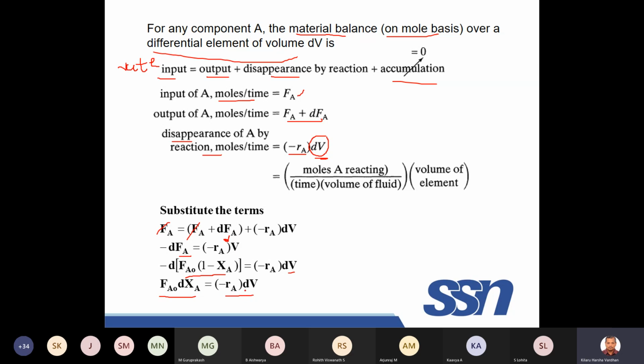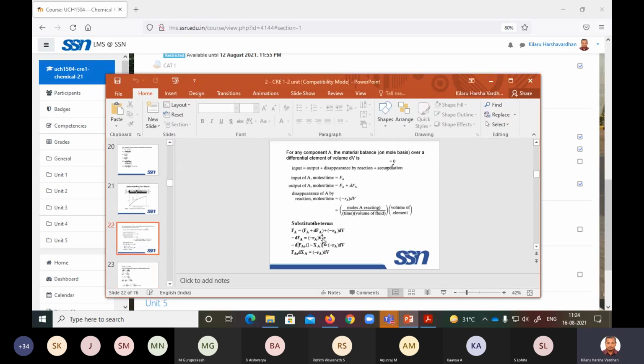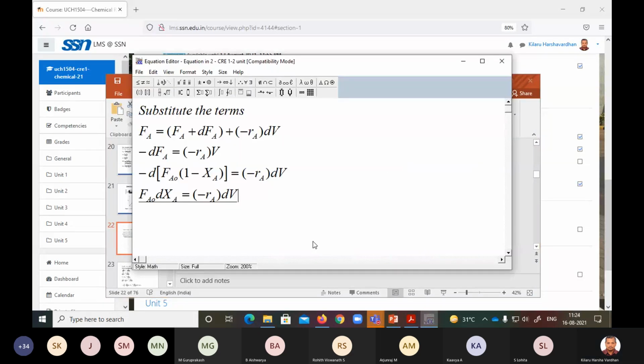Any doubt here? I'll just put this, discard this. I'll just change it. Otherwise, I may forget. It's not that easy to do all this.